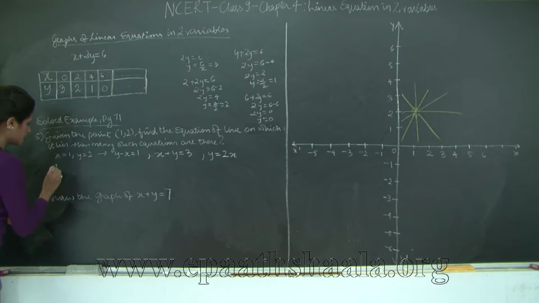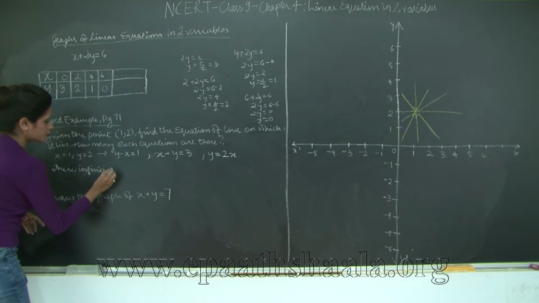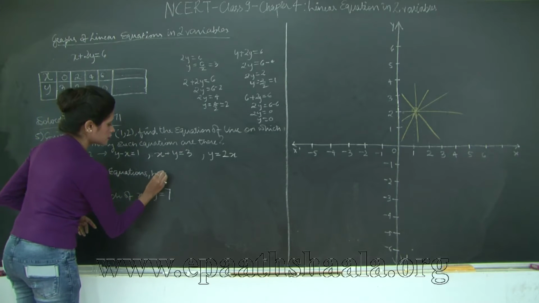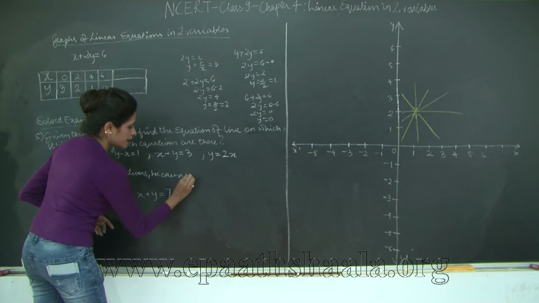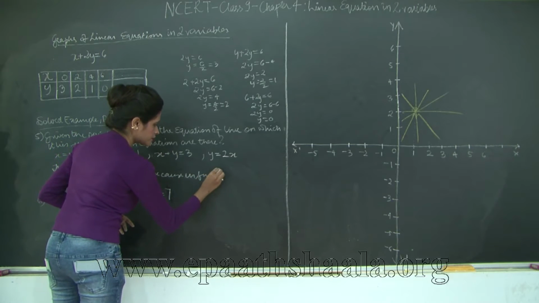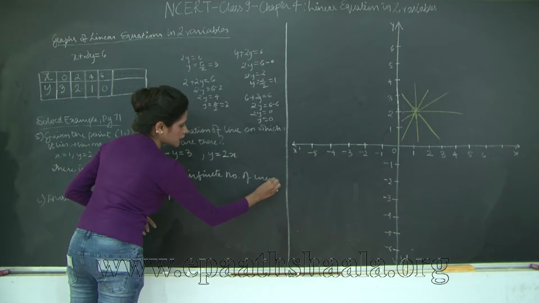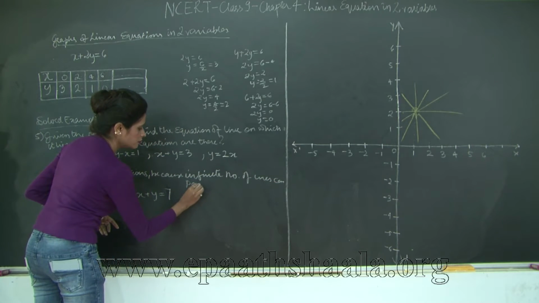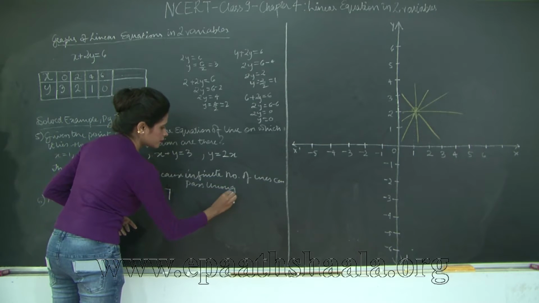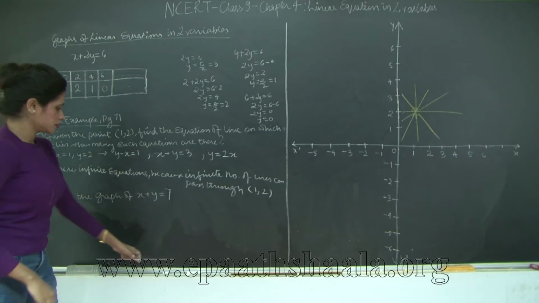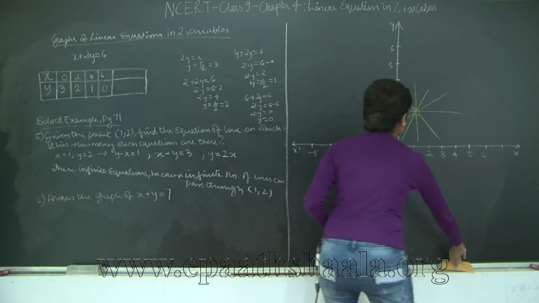I will say there are infinite equations because infinite lines, or an infinite number of lines, can pass through 1, 2. Right? Let's proceed with the third question.